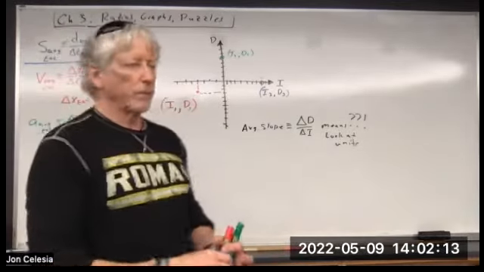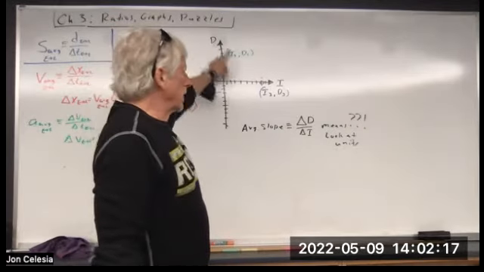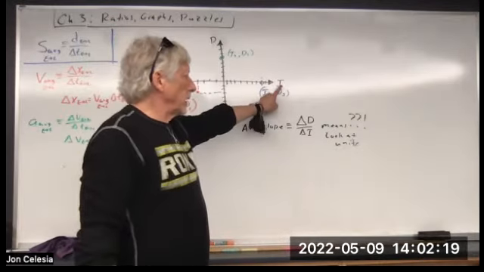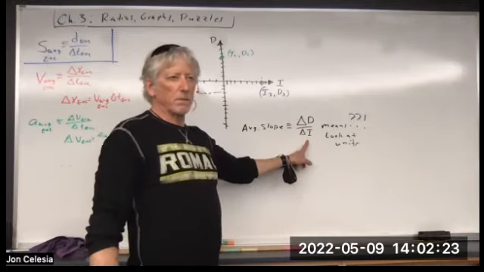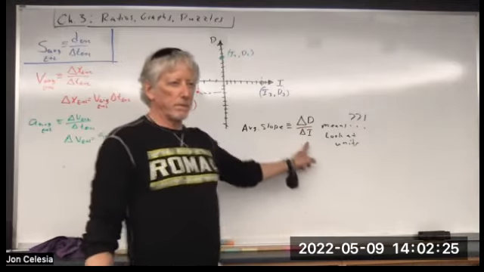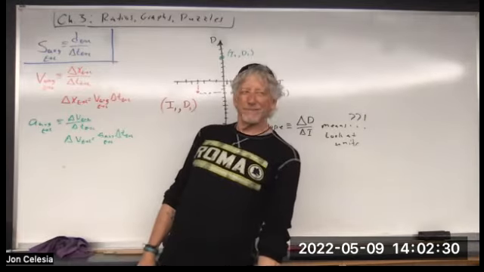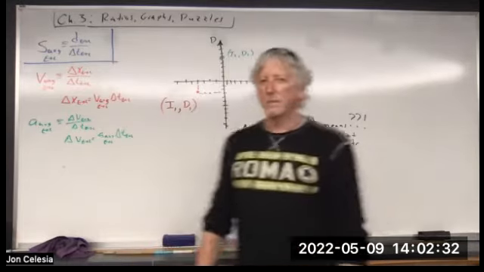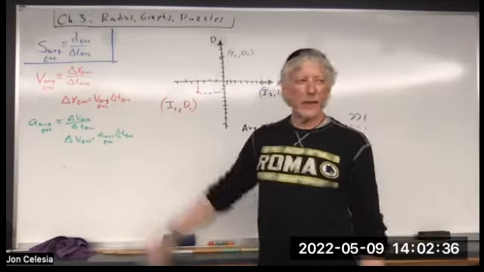For example, this is position, and that's time. It would be change in position over change in time. What's that mean? Is it velocity? Yeah, average velocity.